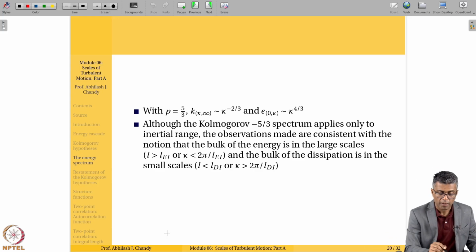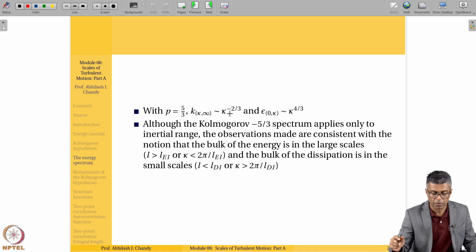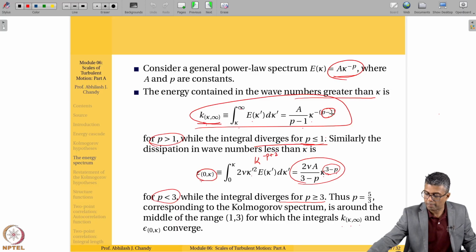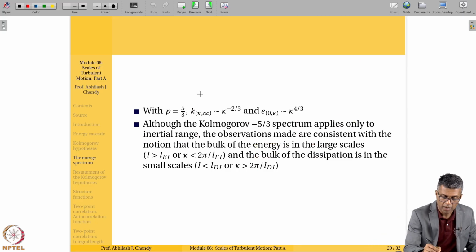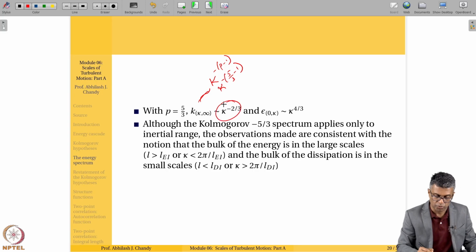So with p equal to 5/3, K from kappa to infinity is of the order of kappa to the minus 2/3, because it is kappa to the minus of p minus 1. That is kappa to the minus, p is 5/3, so 5/3 minus 1, which is kappa to the minus 2/3.